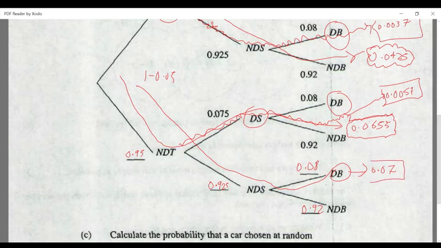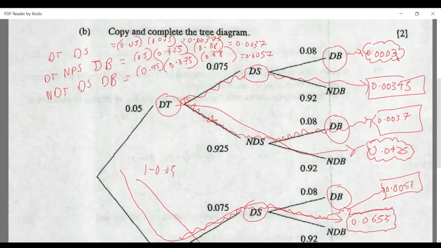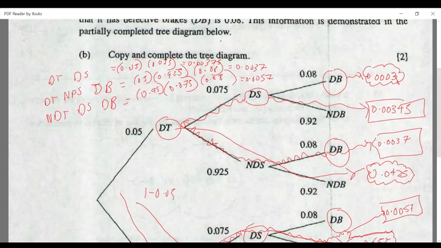This is 0.07. So that means that now what I have to do is add them. This will take some time. Excuse me while I do this.